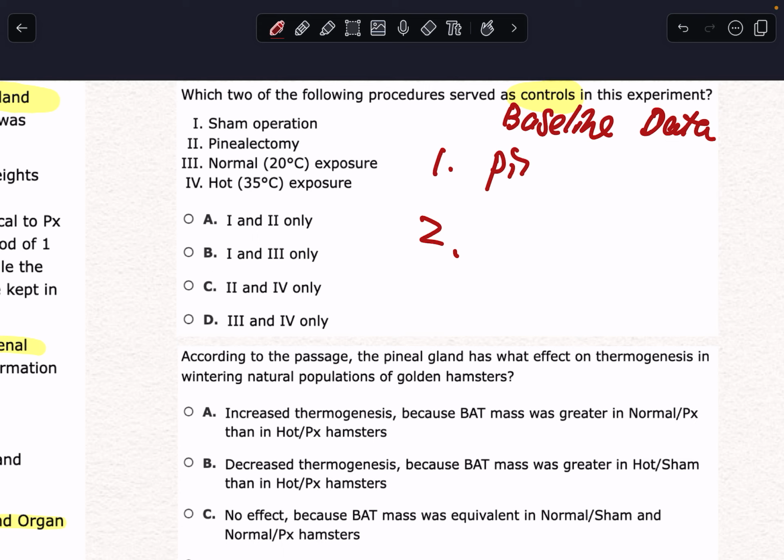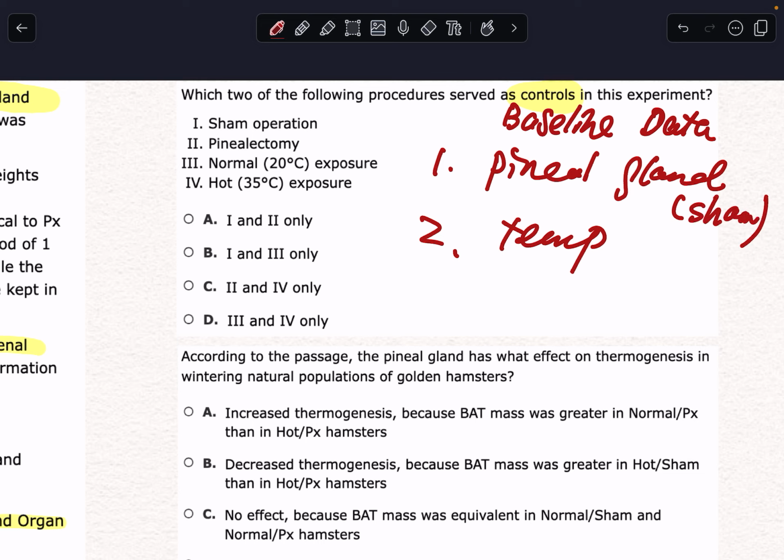One is pineal gland, the other is temperature. So intuitively, you can tell the baseline data is the normal rodents with pineal glands, right? And with pineal glands is what treatment? Sham treatment, right? And then also temperature, of course, the normal temperature, 20 degrees Celsius, intuitively the baseline, right?